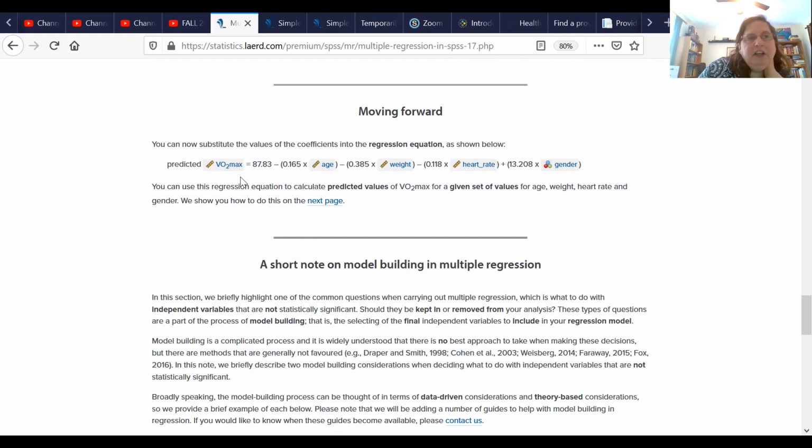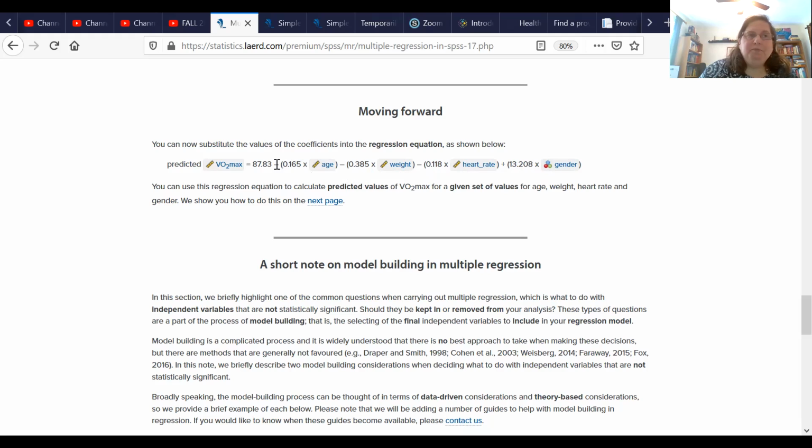So here again is our equation. 87.83 minus 0.165 times age, minus 0.385 times weight, minus 0.118 times heart rate, plus 13.208 times gender.